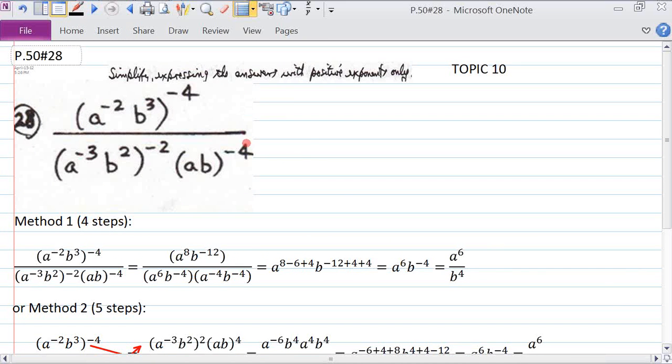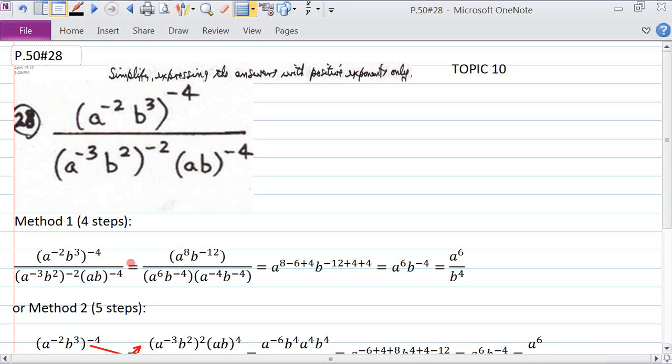So in this problem, we're going to handle each one of these terms separately. I'm going to multiply the minus 2 times the minus 4, and that's the power rule right here.